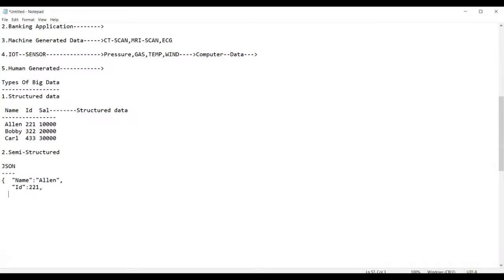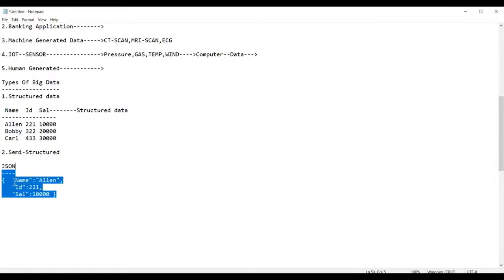Again, under this you have salary. This is also numeric data, so you can leave it as it is. Do not place it under quotes. And finally, after this is done, close the braces.